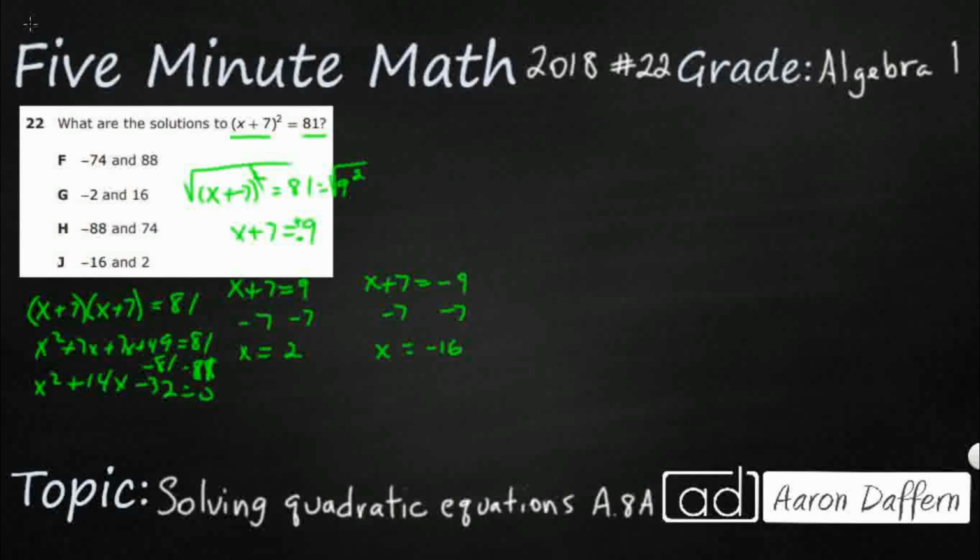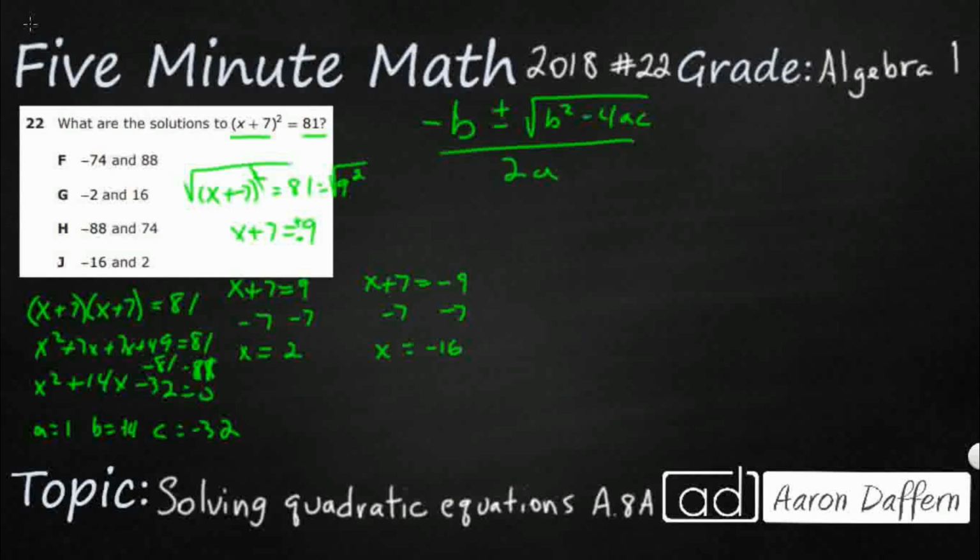So this is in standard form. So A equals 1, B equals 14, and then C equals negative 32. Now let's get into our negative B plus or minus square root of B squared minus 4AC over 2A. Plug them in.